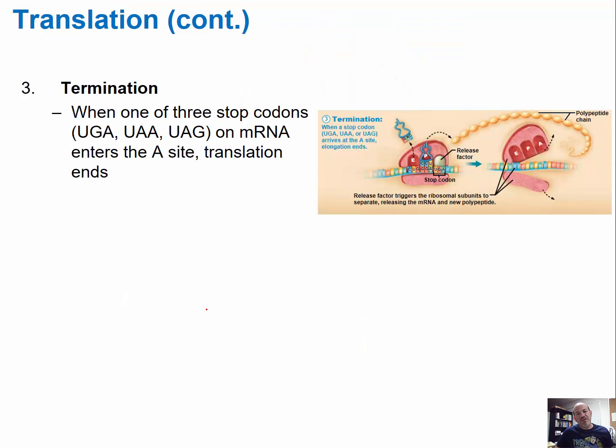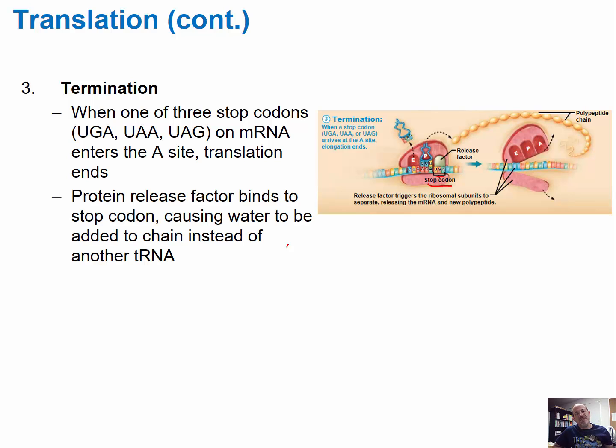So when one of the 3 stop codons is met on the mRNA, so the stop codon is right here. So once we get to a stop codon like UGA on the mRNA, so when we hit one of the 3 stop codons in the mRNA, it enters the A site, translation will end, and part of this termination is going to include a protein release factor that is going to enter that site, and that's illustrated here.